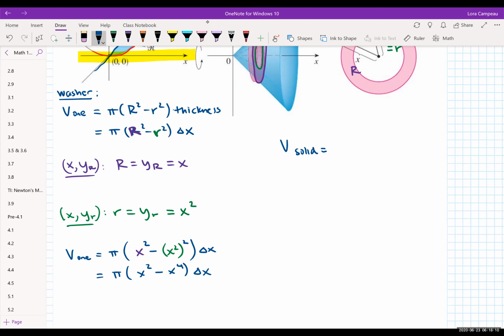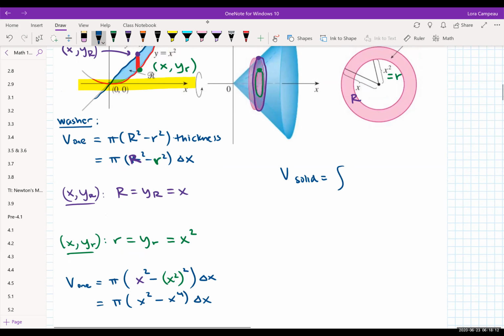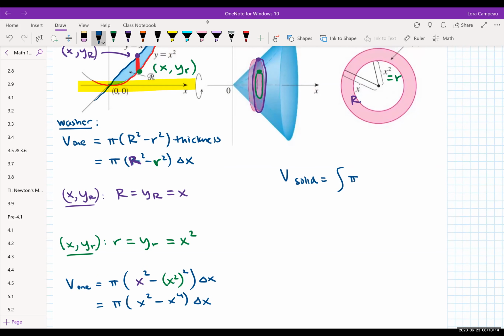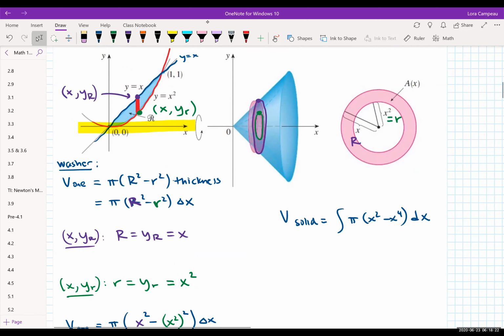So then we just have to understand, well, what do our limits go from? So I'll write it in just so that we can get an idea. dx, because thickness is delta x. So now we're just trying to understand, are we using x values or y values on the limits of the integration? And when you're seeing that everything's taken with respect to x, we'd be looking at spanning with the x values.